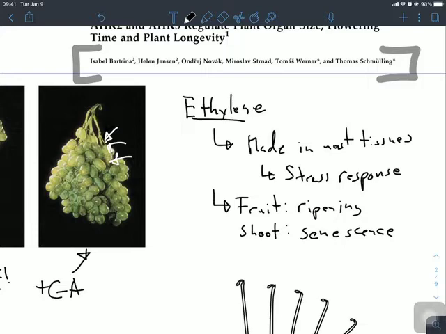In fruits, like in bananas, which are giant factories for ethylene, we see them cause very rapid ripening. And so what's one way in which you can increase the speed at which your bananas ripen? You can place them in a brown paper bag.